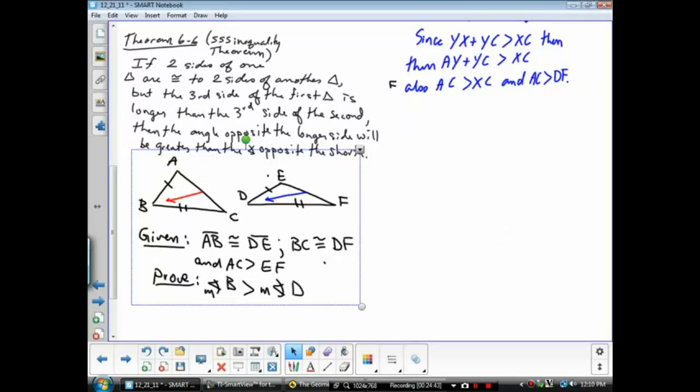So we're going to assume temporarily, we'll do this in red over here in this space, the opposite of what we want to prove, which is measure of angle B is less than or equal to measure of angle D.